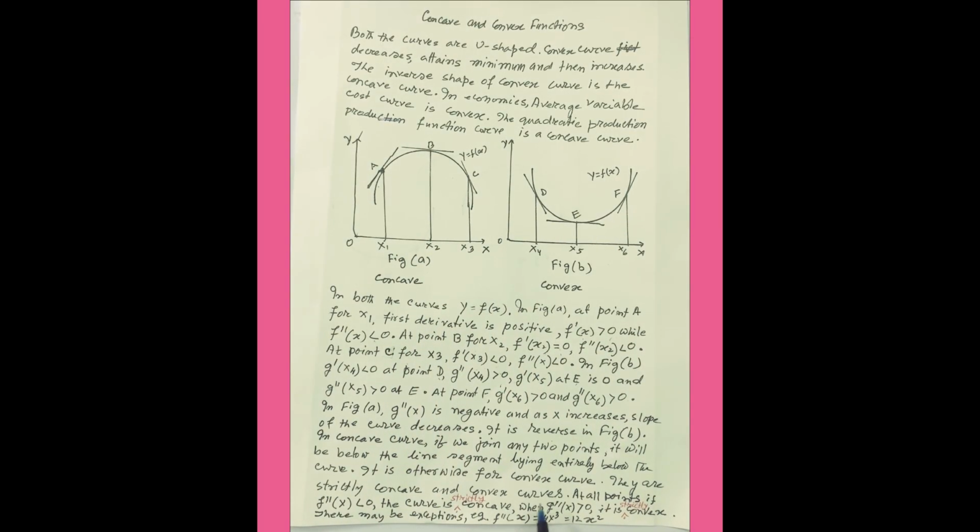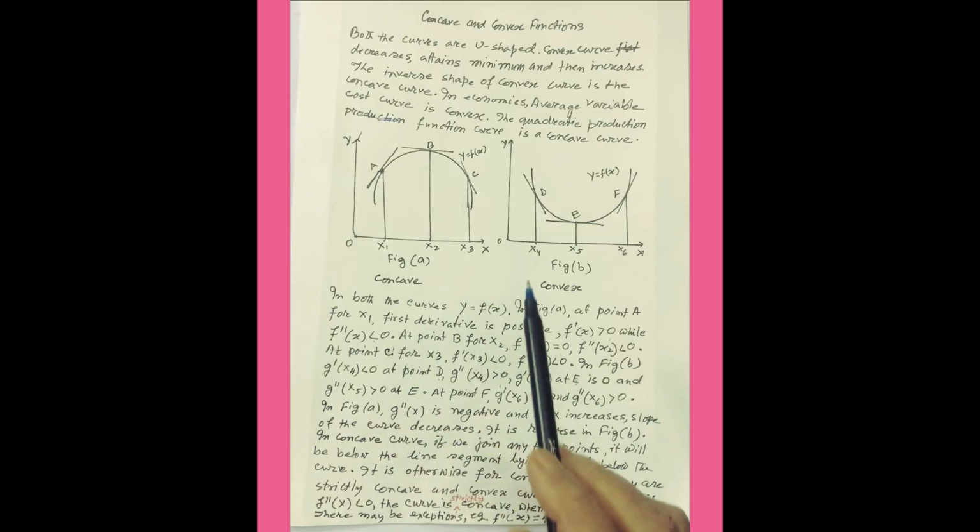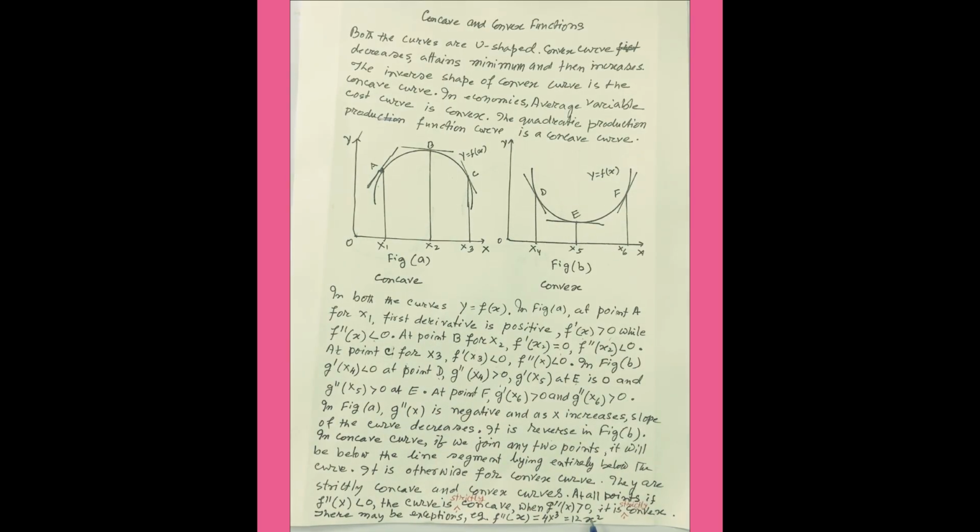It is otherwise for a convex curve. It is just the reverse in a convex curve. So they are strictly concave and convex curves. In that case, it is said that these curves are strictly concave and strictly convex. At all points, if the second derivative is negative, the curve is strictly concave.